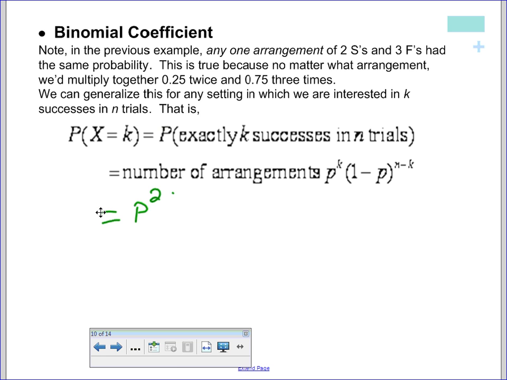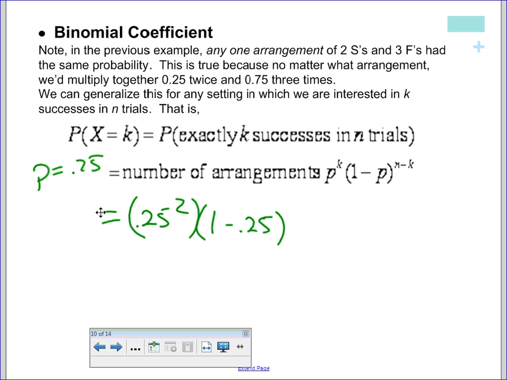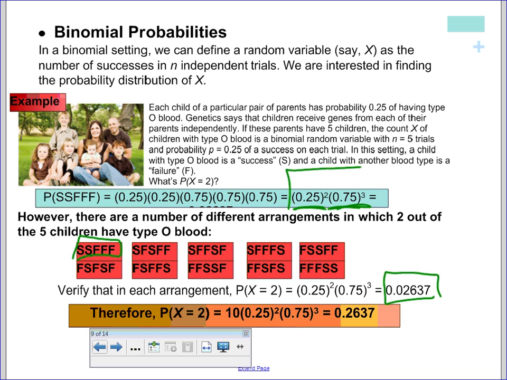Oh sorry, the probability of success in our previous example was 0.25. So that's going to be 0.25 squared times 1 minus 0.25 to the 5 minus 2. And you'll see that that's exactly what's written here.